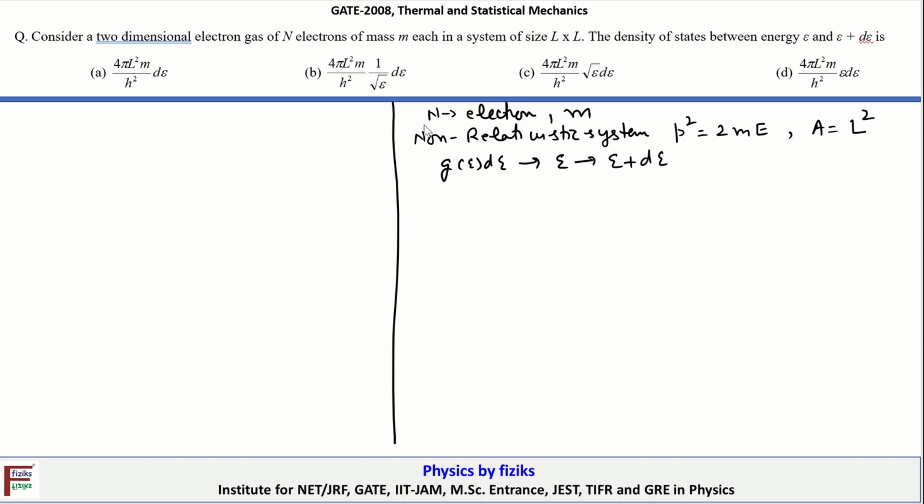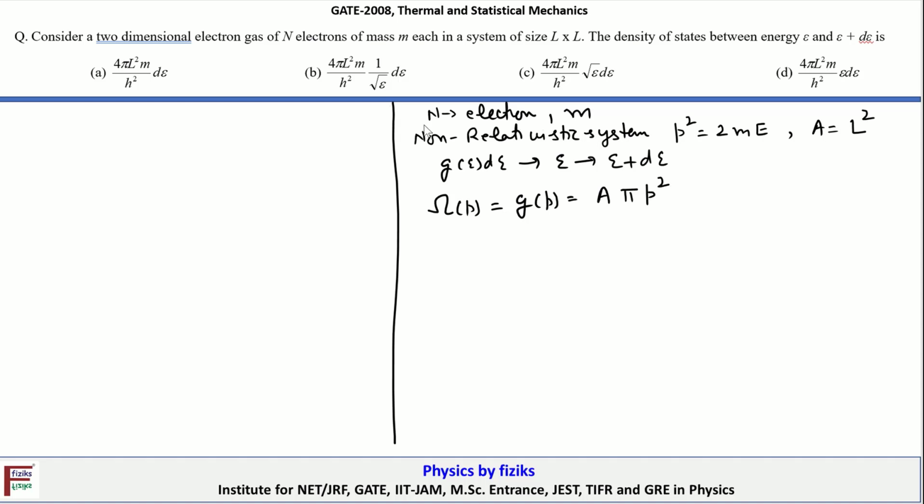So we will follow the statistical approach here. First of all, we will write the expression for the number of states with momentum less than or equal to P. I will denote that as omega P, the way we do in statistical mechanics. So omega P is equal to the area in the ordinary space multiplied with the area in the momentum space.